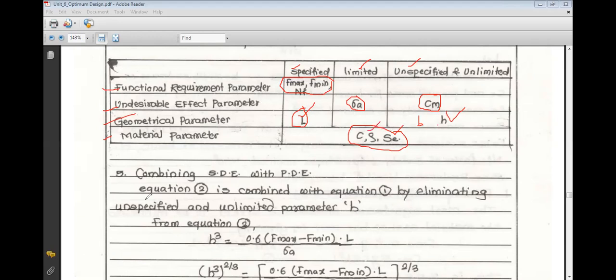Now our fifth step is we have to combine the SDE with the PDE.